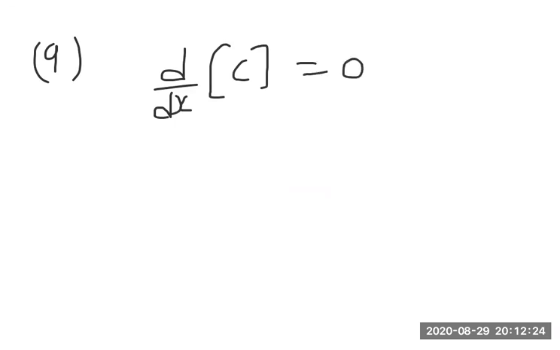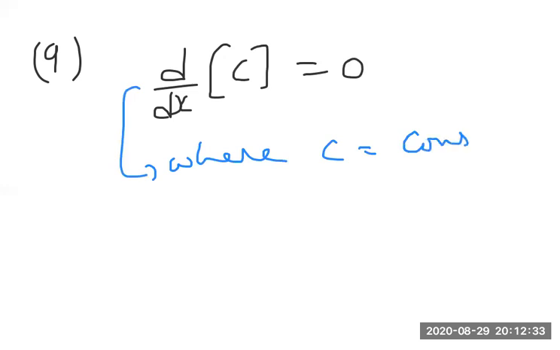Again, in differentiation I have one term here: differentiation of c is equal to 0, where c is constant. If I differentiate any constant, I get 0. Differentiation of constant is 0. Now what will happen to the integration?